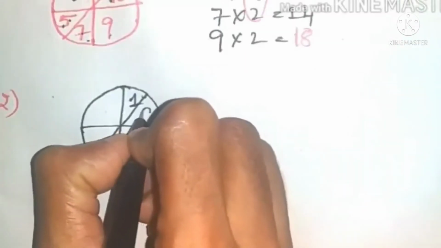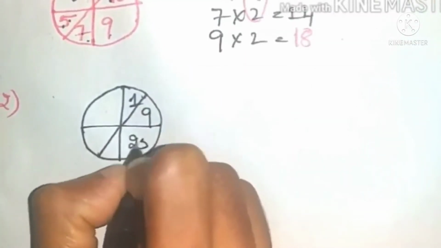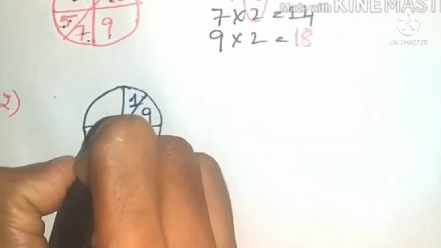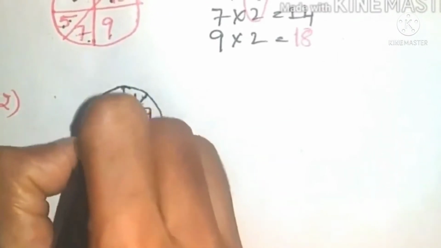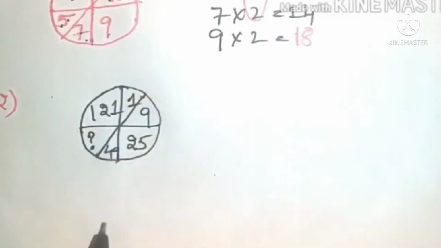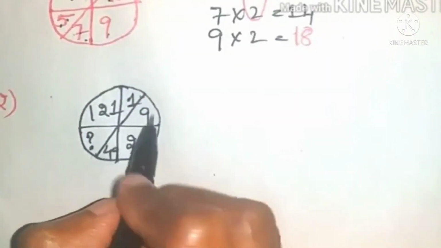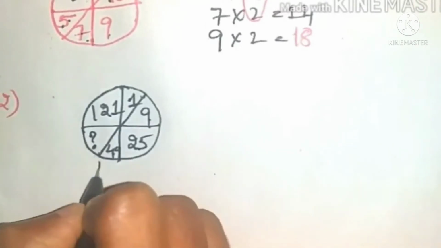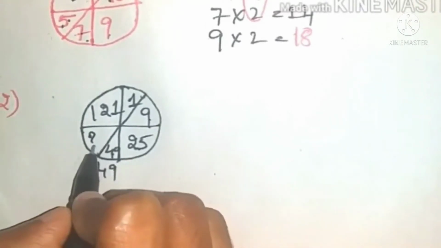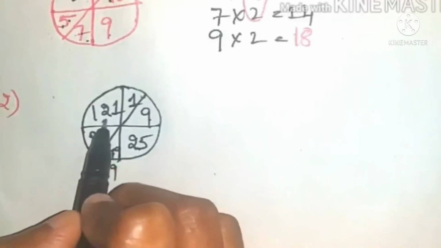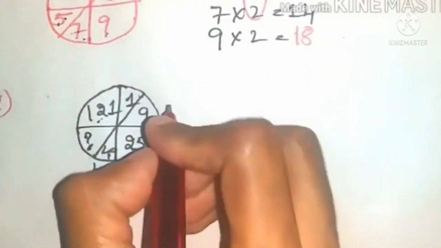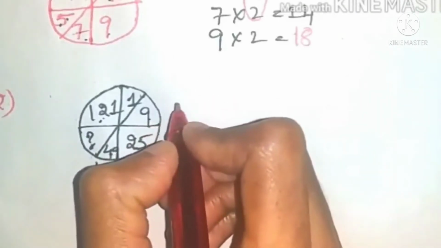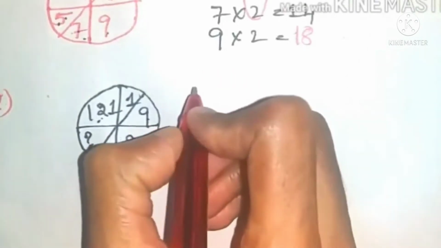Now we'll start. 9, 25, 49. This is the number which we have to find, and 121. So what is that? 1, 9, 25. This is 49, and this is the number which we have to find, and this is 121. So people who know the values of squares very easily, they can find it very easy.